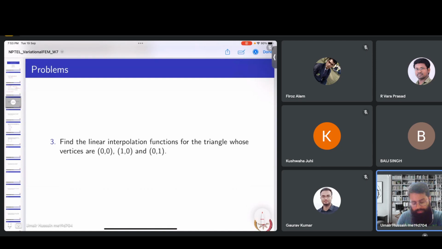So find the linear interpolation function for the triangle whose vertices are 0, 0, 1, 0, and 0, 1. So we'll take a pretty simple triangle here. Its vertices are 0, 0, 1, 0, and 0, 1.